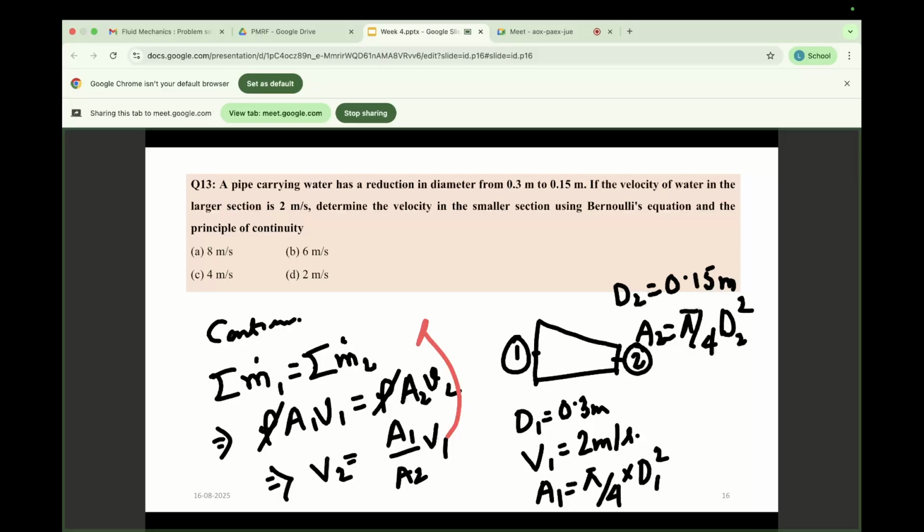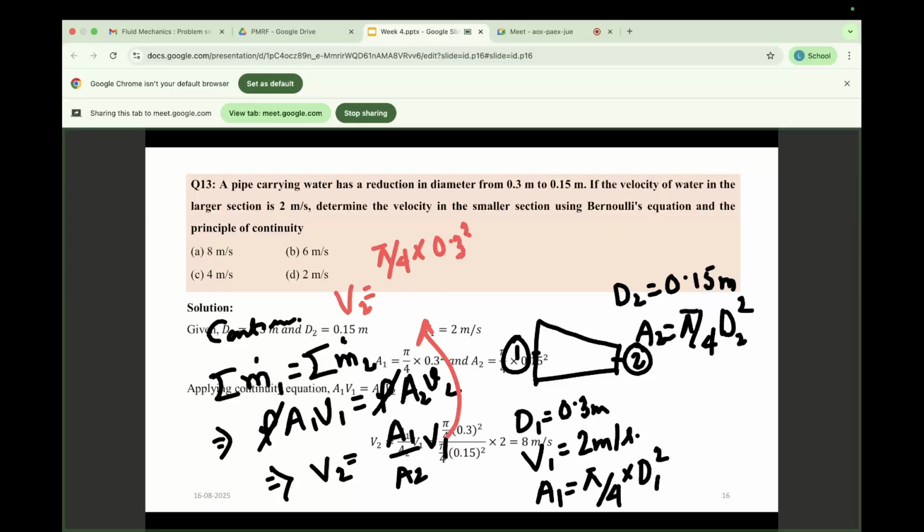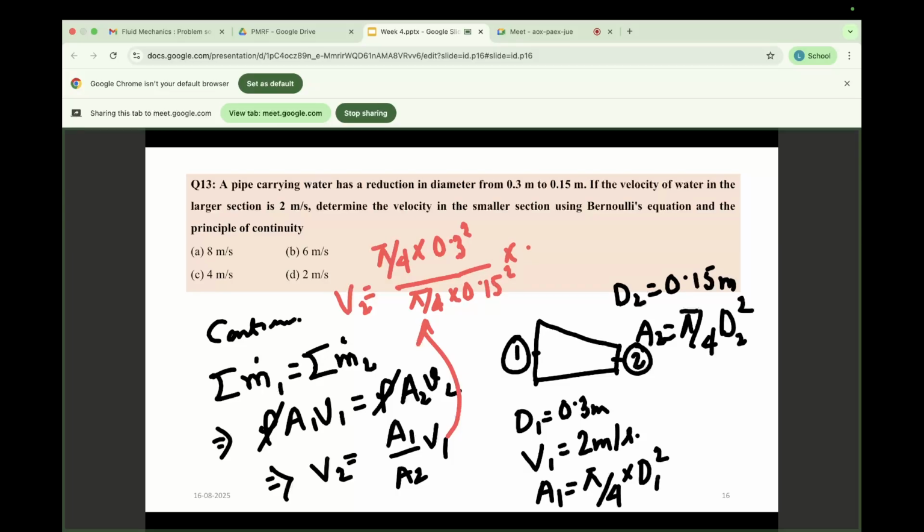So V2 equals pi by 4 into 0.3 square, divided by pi by 4 into 0.15 square, times V1 which is 2.